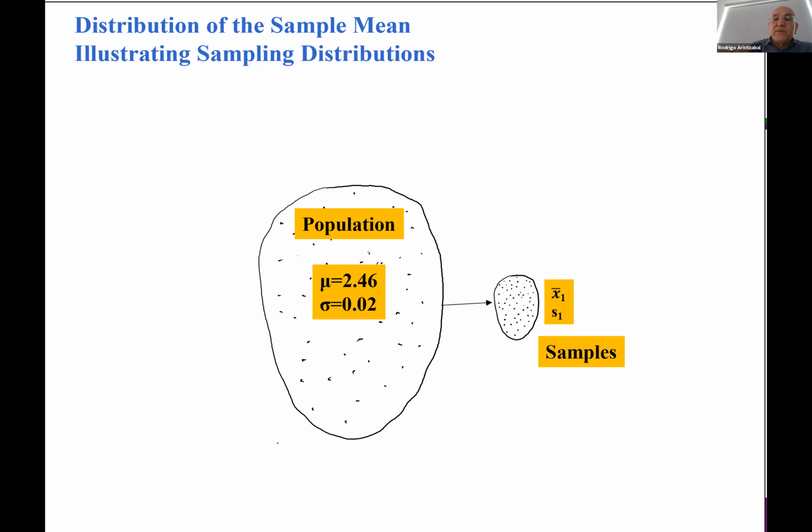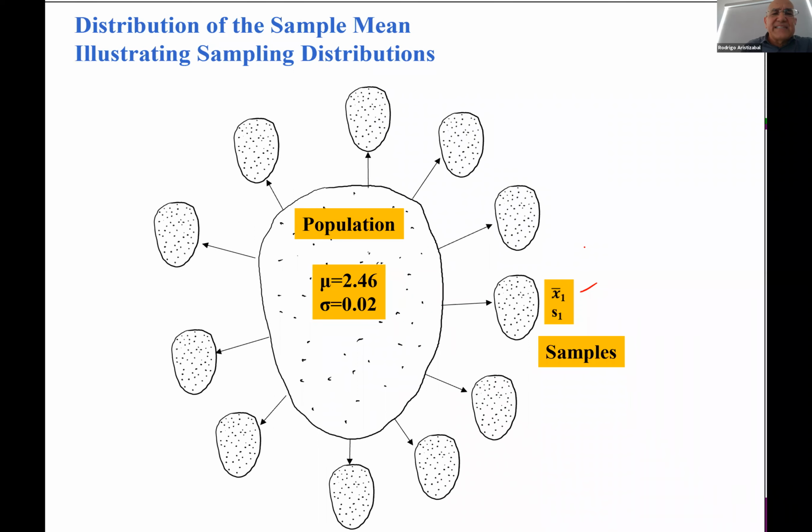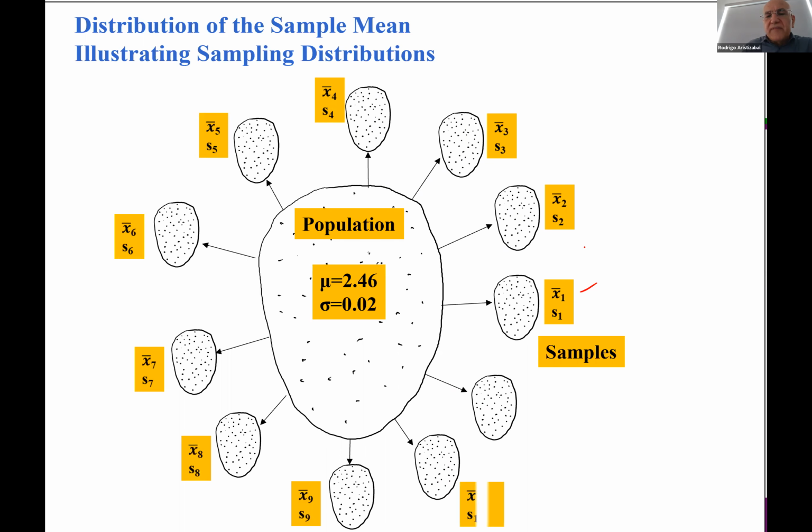When the sample size is n, we are interested in X bar if we want to analyze the sampling distribution for the mean, or the sample standard deviation if we are interested in the distribution for the standard deviation. Let's focus only on the mean. We need to take all possible samples of the same size and compute the statistic in which we are interested. When we have all of these values, we organize them and determine how the distribution looks. We need to find the mean, the standard deviation, and the shape.